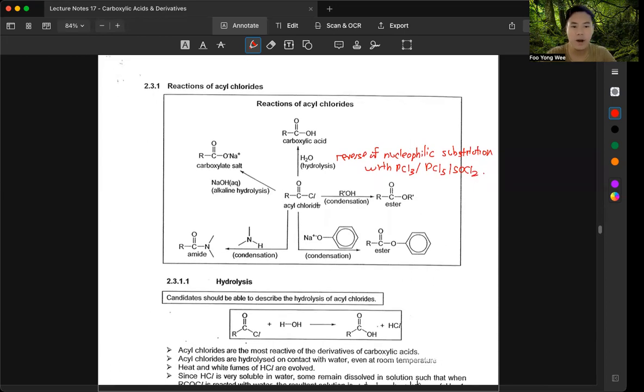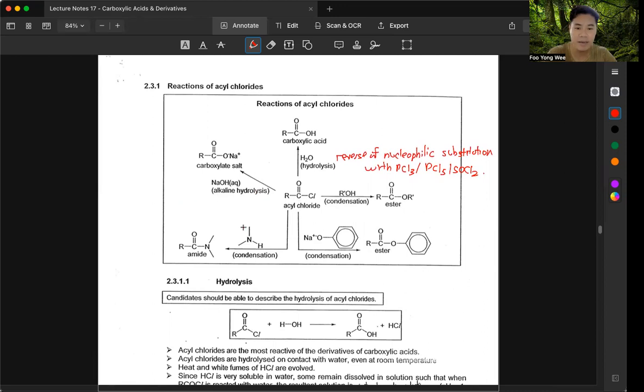And then the acyl chloride undergoes alkaline hydrolysis to form your O minus Na plus, or it undergoes condensation to form ester. Other reactions are also condensation by nature. You can react with an amine.